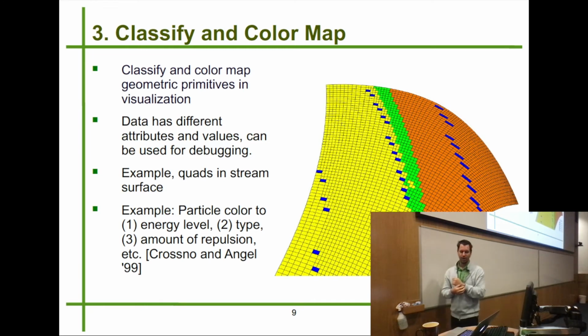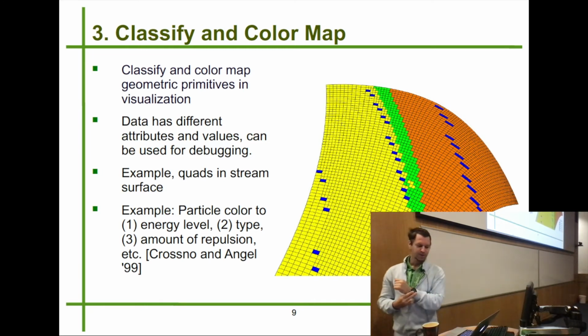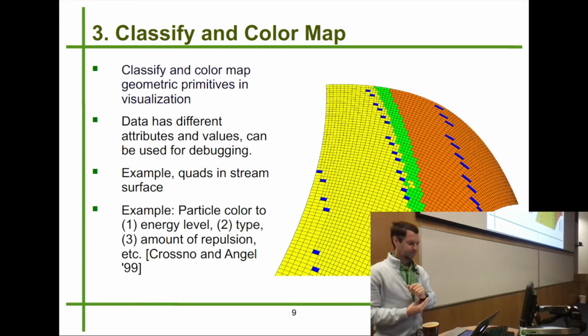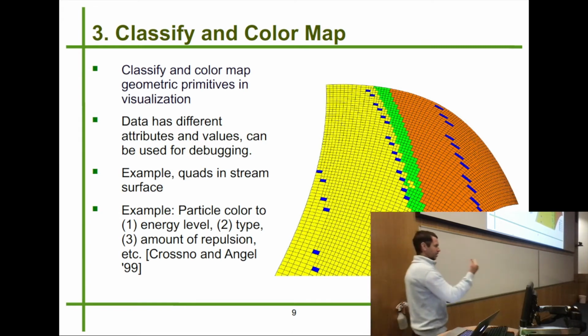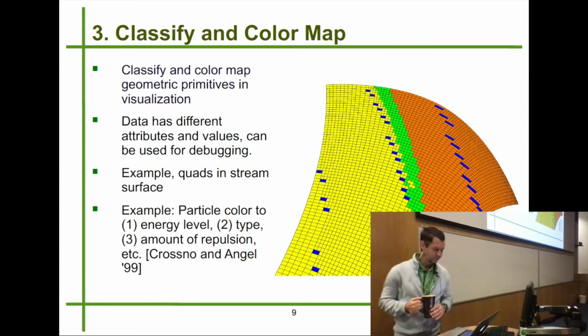But that's a great way to visualize the properties of geometric primitives, right? Is to classify them and color map them so we can see if they're reflecting the behavior that we expect, right?